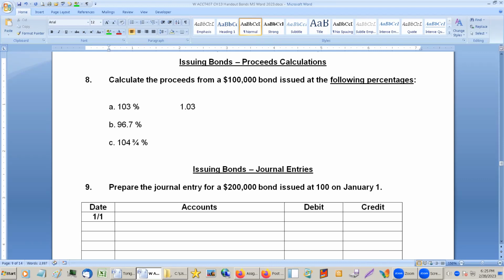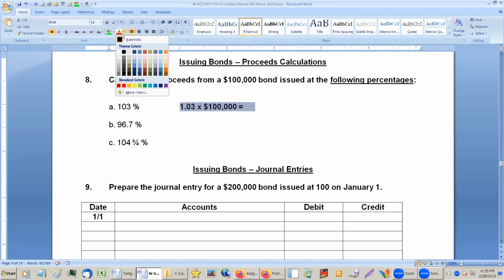Let's try that again. Times 100,000. So these bonds would sell at $103,000.